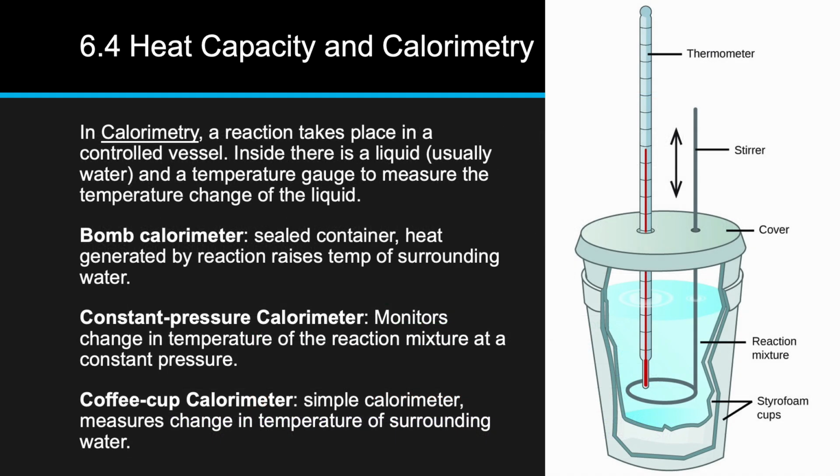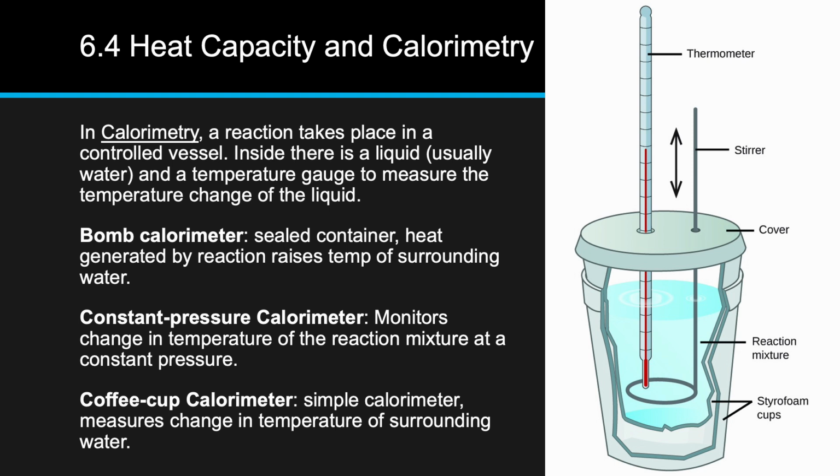In calorimetry, we study heat flow by allowing a reaction to occur in a controlled vessel, and then we measure how the temperature changes. Most calorimeters are going to use water as its liquid because it has a high specific heat and it also absorbs and releases heat in a predictable way. In a bomb calorimeter, the reaction takes place inside a sealed container surrounded by water.